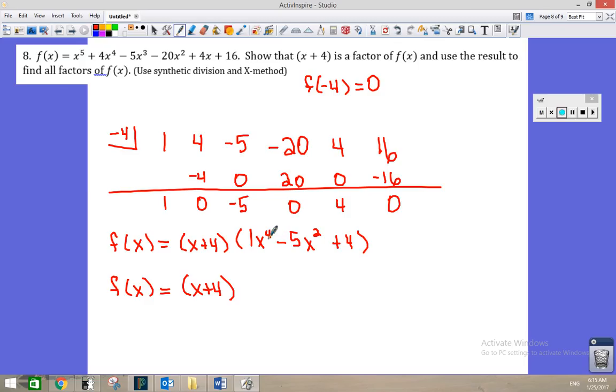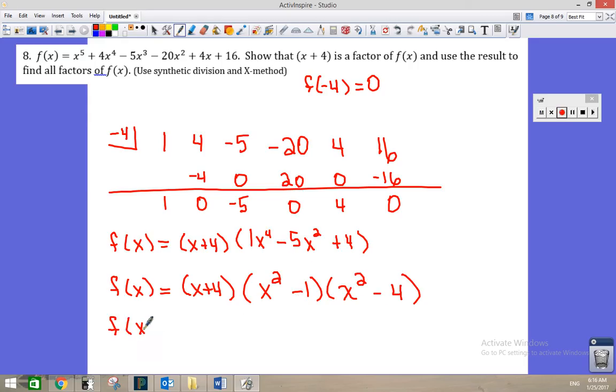Since the degree of the first term here is 4 and the degree of the middle term is half of that, then you can apply your x method and you'll get x squared minus 1 times x squared minus 4, because negative 1 times negative 4 gives you a positive 4, but negative 1 and negative 4 add up to negative 5.